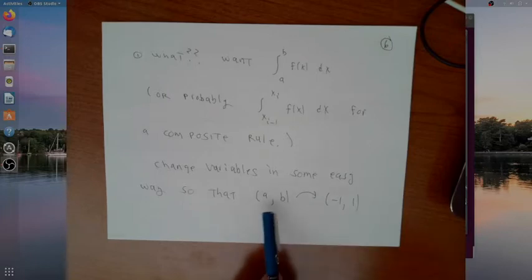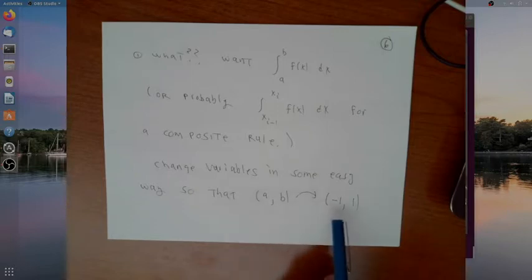When x is equal to a, I'm going to want this other variable to be -1. When x is b, I want the variable to be 1. Naturally, there's an almost unlimited number of ways you could rig such a correspondence up, but I want to be as simple as I can humanly be and still get the result that I want here.